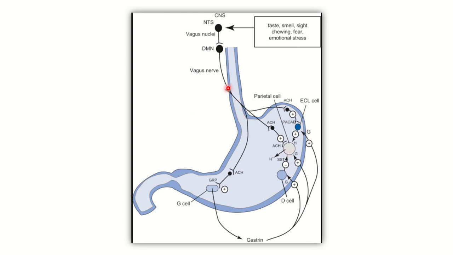The vagus nerve also acts on the G cell, producing gastrin, and this gastrin also acts on the parietal cell and causes secretion of hydrochloric acid. Different types of stimuli are responsible for hydrochloric acid secretion, including histamine.